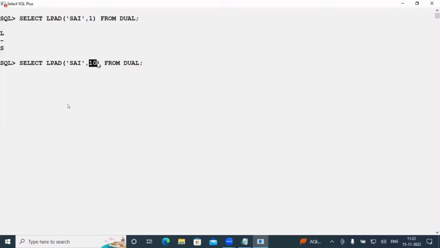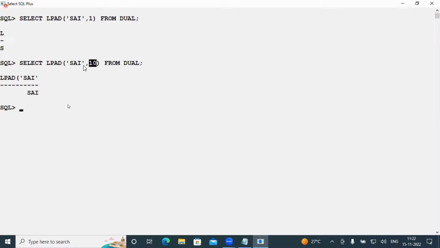If you don't specify what you want to add for the remaining characters, what does it take by default? It will take 7 spaces on the left side of your given expression. So 7 spaces plus 3 characters equals my length.